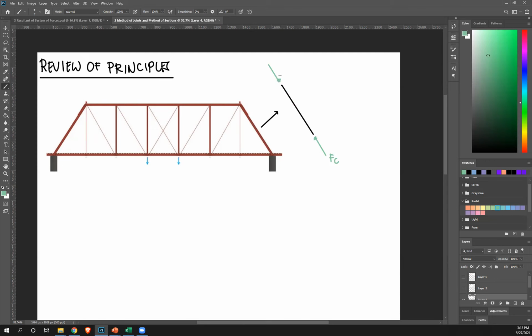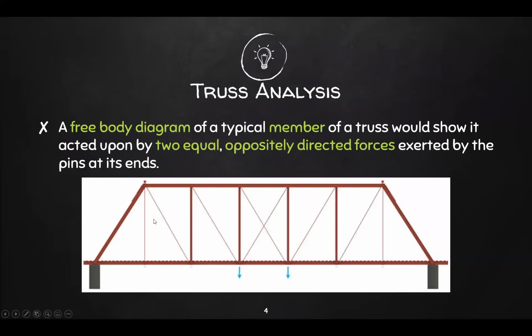We have two forces acting on each member, keeping it in equilibrium. For this case, it's most likely compression force from method of joints. Okay, so this kind of member is called a two-force member. This is important later on, and I'll show you why once again later on. Just know, okay, each member of a truss is held in place by two forces, keeping it in equilibrium.